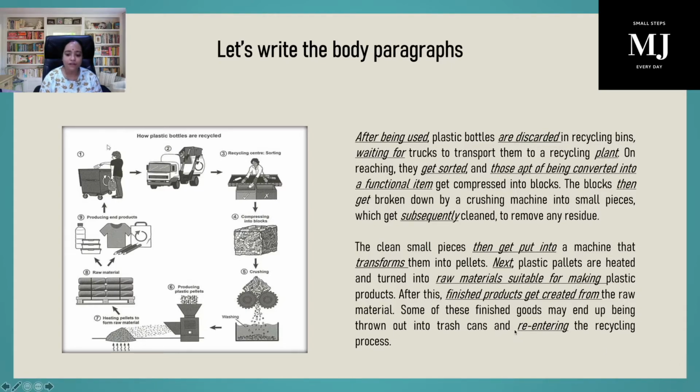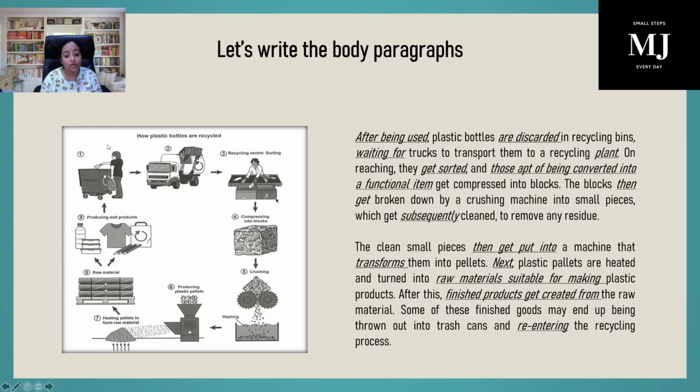Alright, now after that, I want you to look at this. Are discarded, get sorted, right? Get put into, get created, transforms. See, everywhere in the process chart, since we don't have any years, some 1992 or 2000, no year is mentioned here, right?